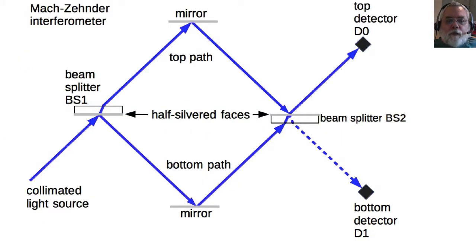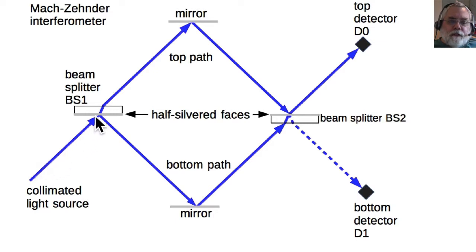Here's the setup for the Mach-Zehnder Interferometer. A collimated light source will come in from the lower left. It will hit beam splitter 1. We'll talk about this. Half of the beam intensity will reflect downward and take this bottom path, which will reflect off a mirror and come to beam splitter 2.